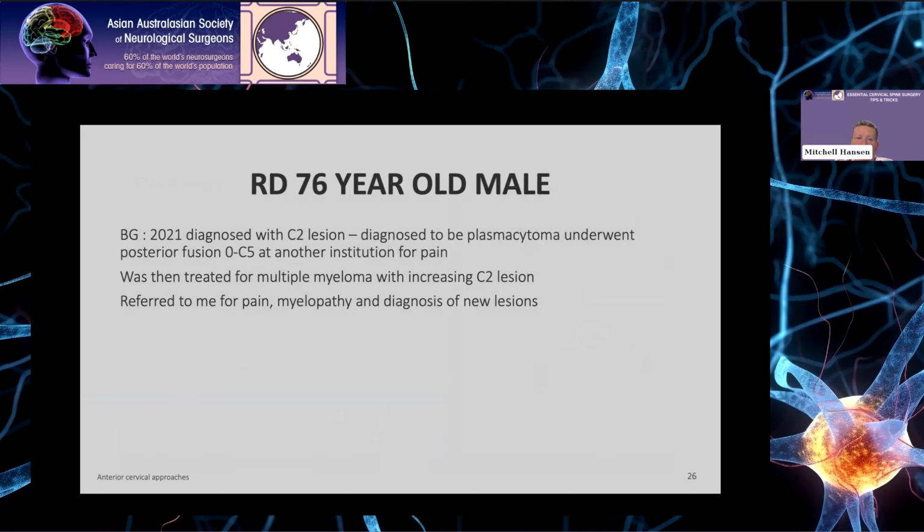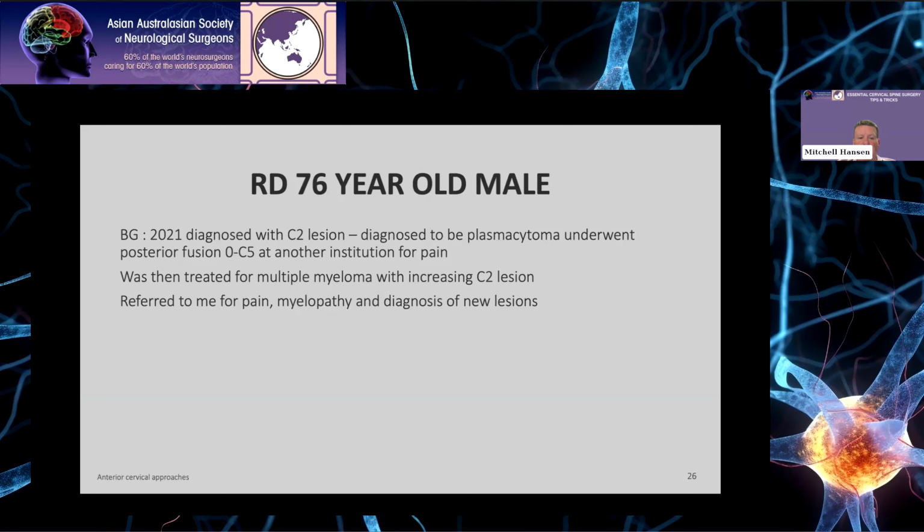Next case, I had a 76-year-old gentleman that I saw in clinic this week who has a background from 2021. He was diagnosed with a C2 lesion. This was presumptively said to be a plasmacytoma, and he had a posterior fusion from the occiput down to C5 at another institution for his significant pain.